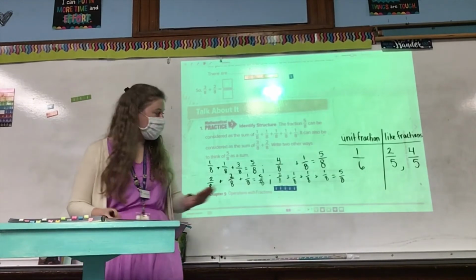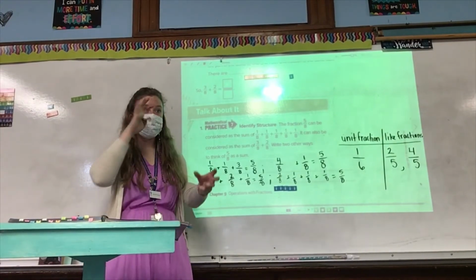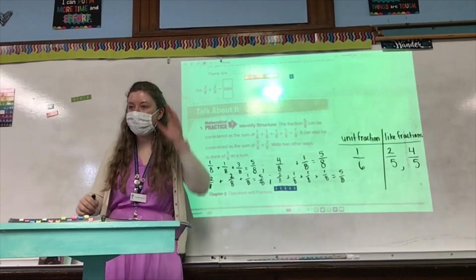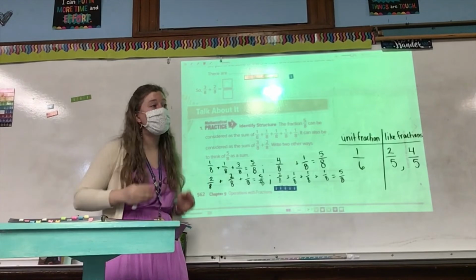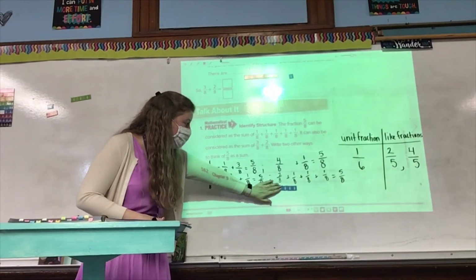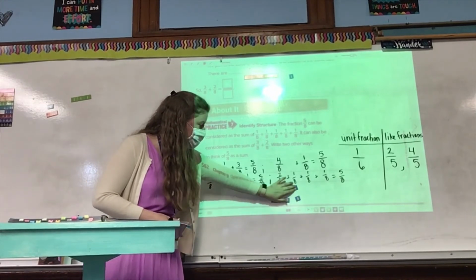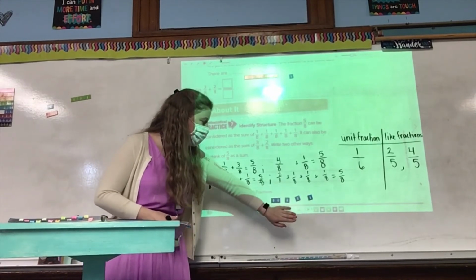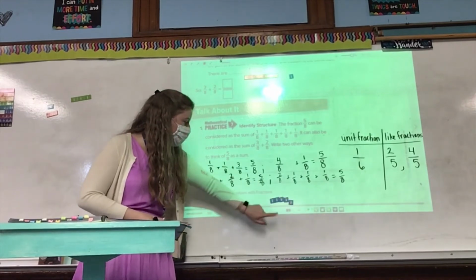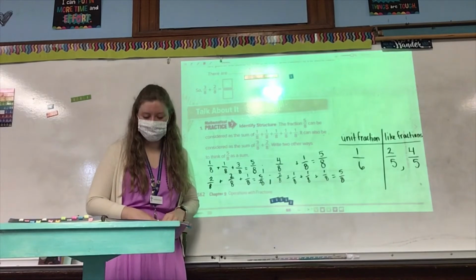That's what these fraction tiles are for today. They're for moving and manipulating and modeling and counting and seeing it. Seeing that 2/8 plus 1/8 plus 1/8 plus 1/8 all together make 1, 2, 3, 4, 5 eighths.